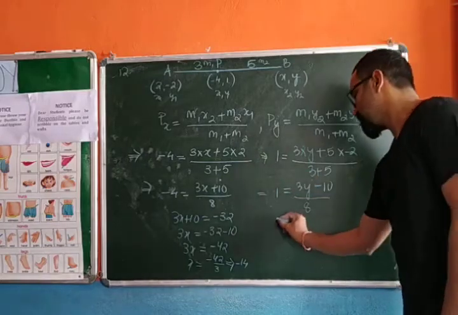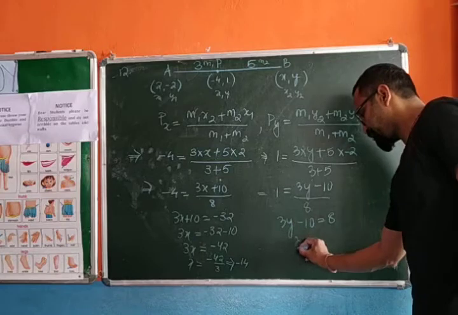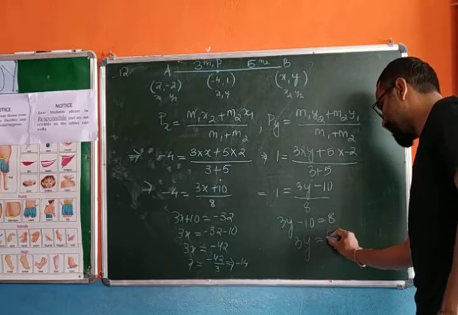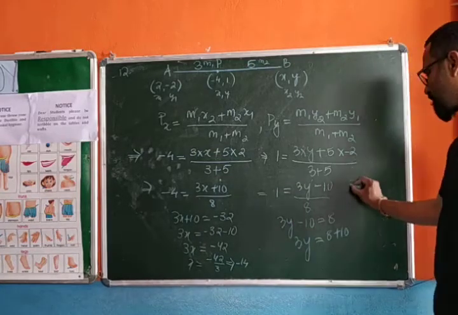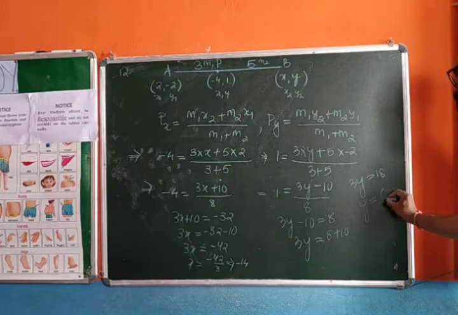Cross multiply. 3y minus 10 is equal to 8. 3y equals 8 plus 10. 3y is equal to 18. y is equal to 6.